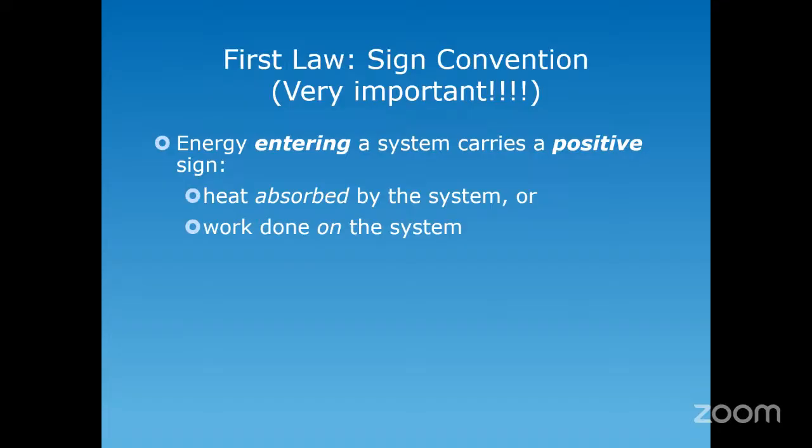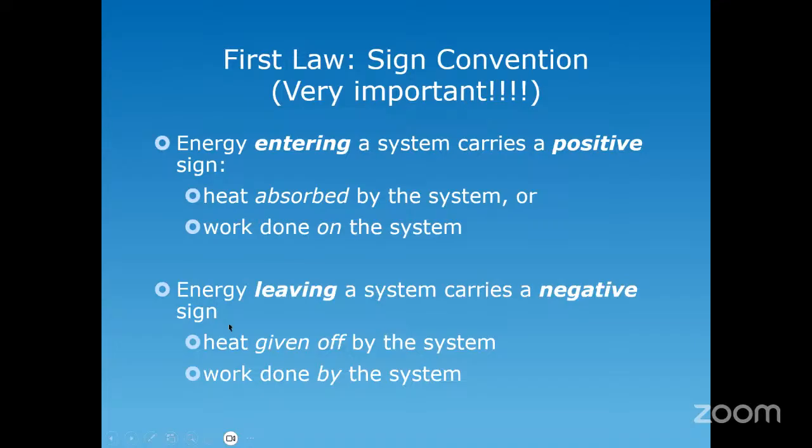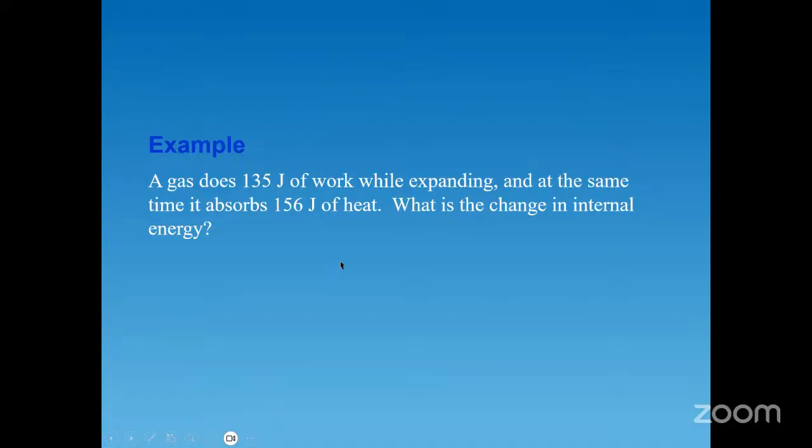If energy is leaving the system, then that energy change will be negative, and that can be done by either heat given off by the system or work done by the system. So it's very important that you understand the meaning of the signs associated with the energy changes occurring in each case.